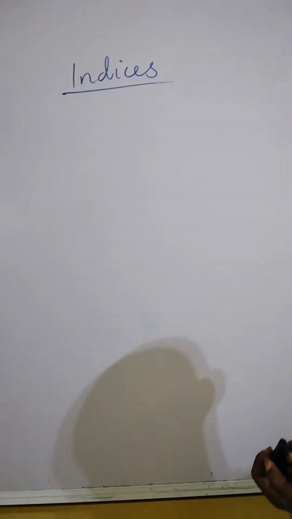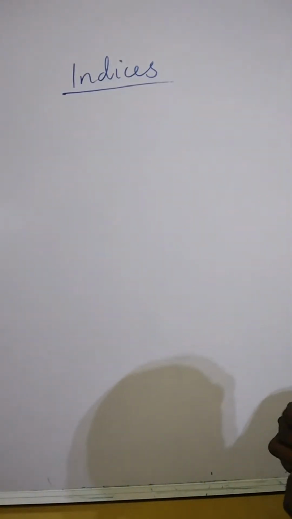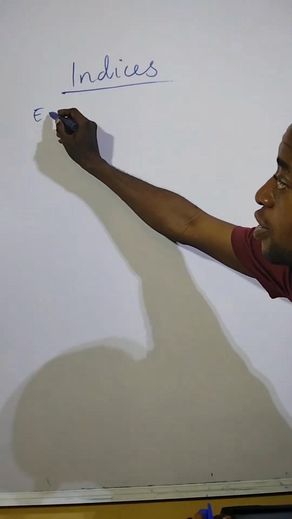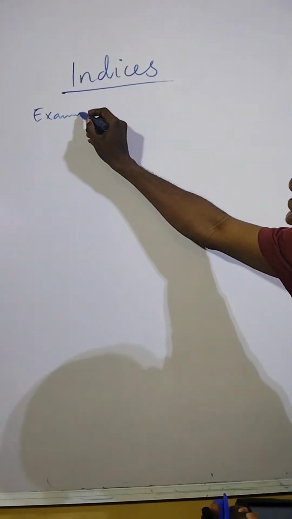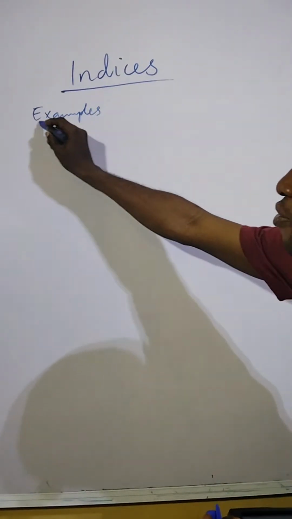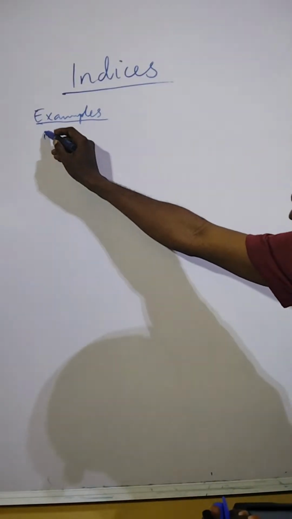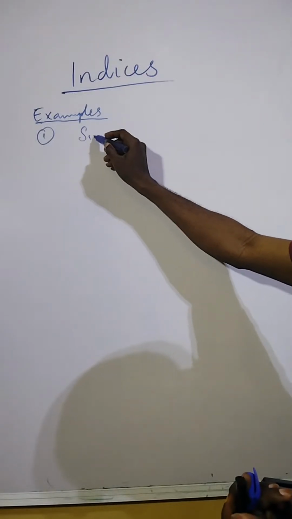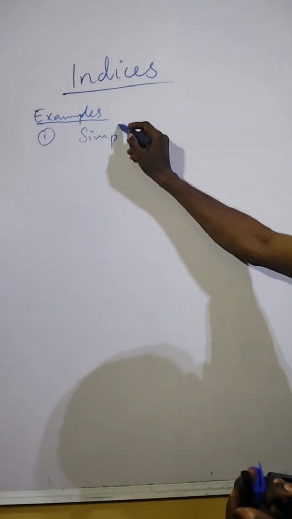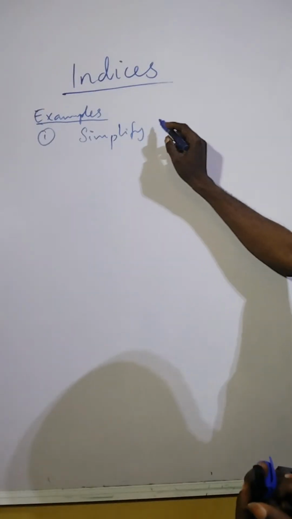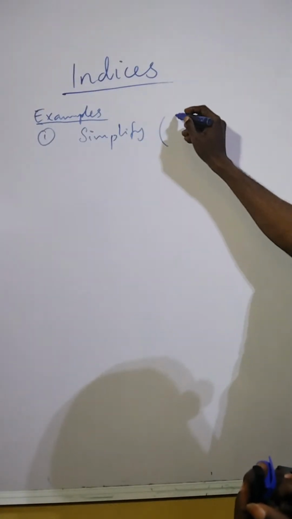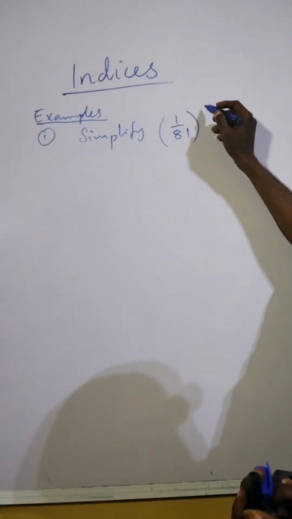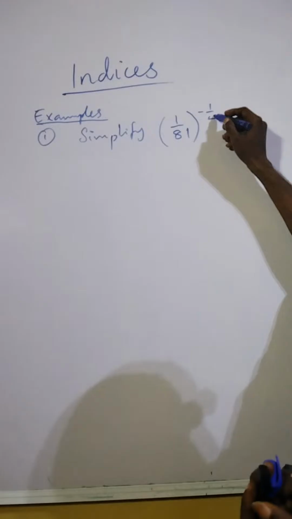Alright, so let's look at the number one example here. Now, here we are to simplify bracket 1 over 81 all raised to power minus 1 over 4.